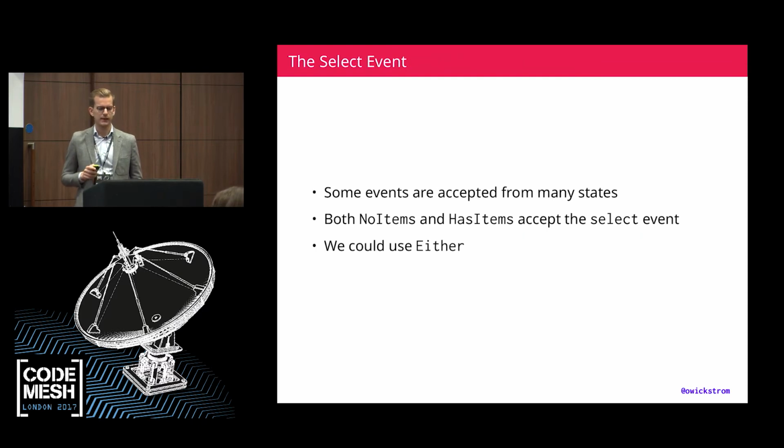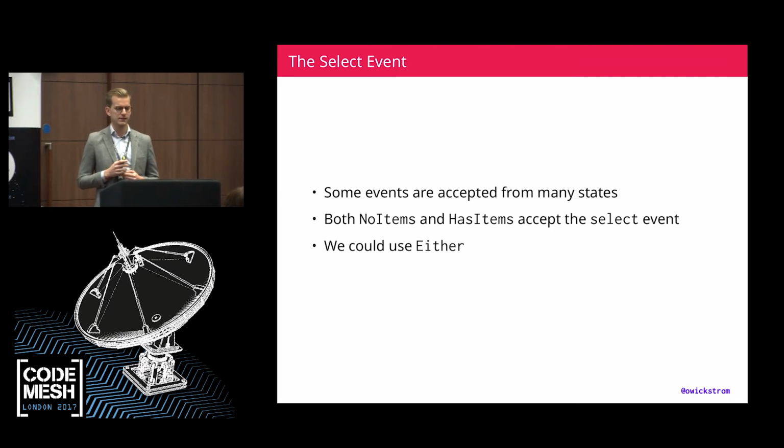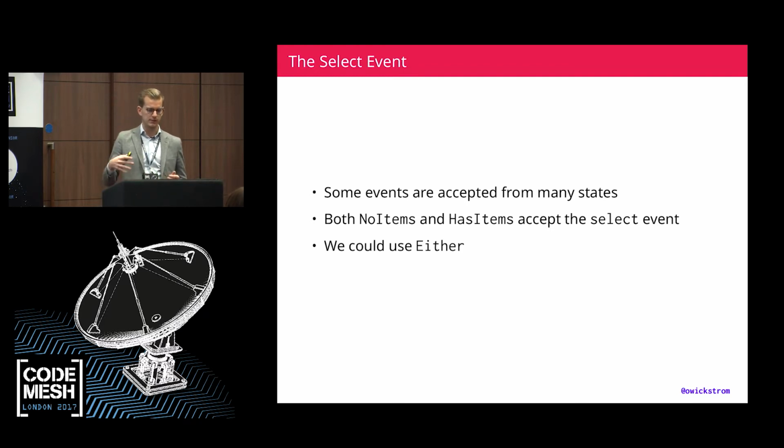Some events are more complicated. If you remember from the diagram I showed you, both no items and has items accept the select event. It's the same event being accepted by two states. So we have to pass in either one of those source states to the select event.